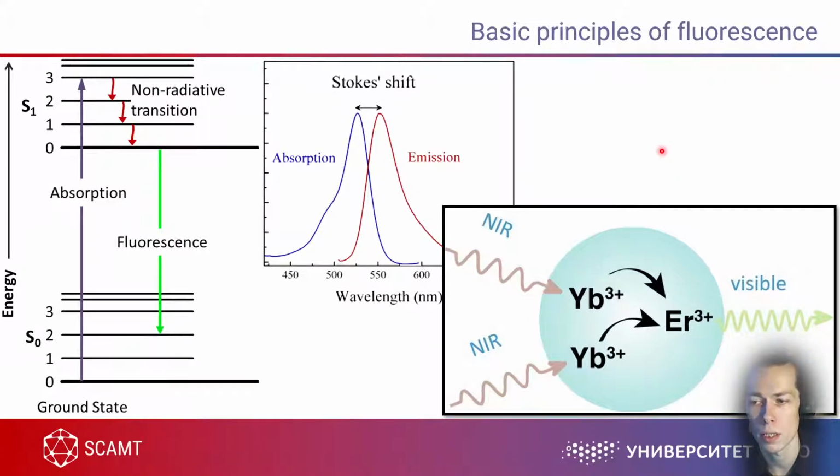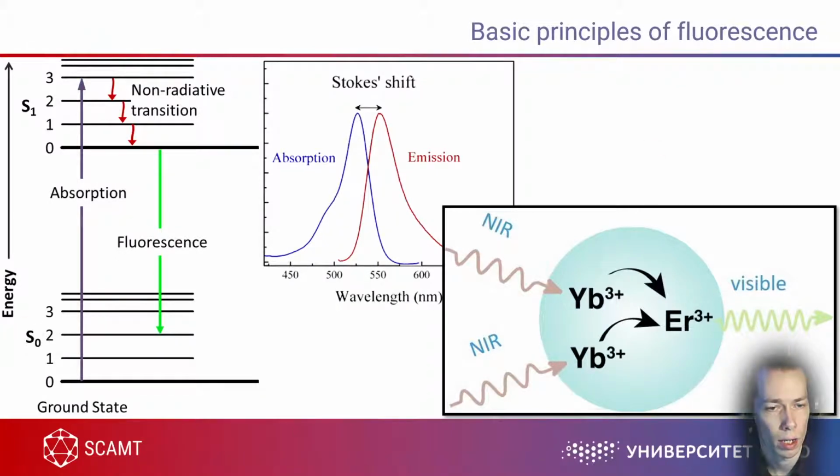These nanoparticles can be very useful, for example, to image something in an organism, because our organism and our skin are not very penetrable for visible or ultraviolet light.